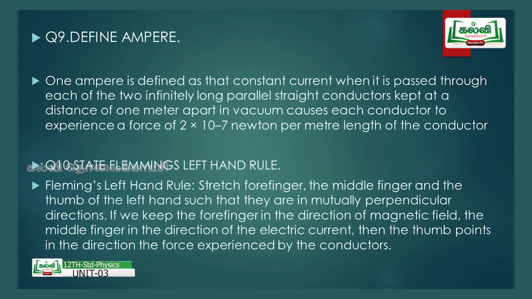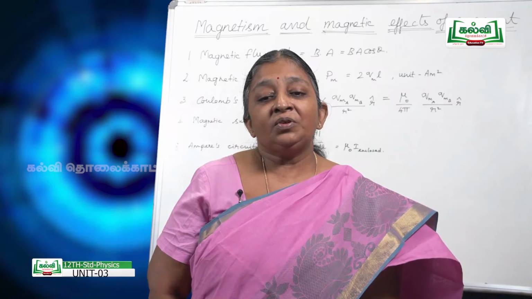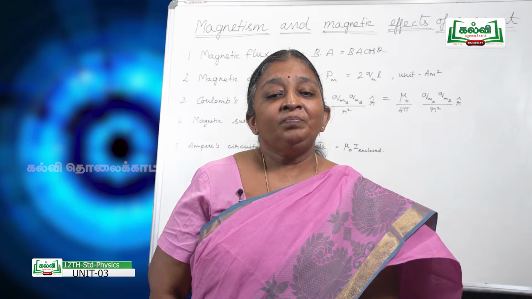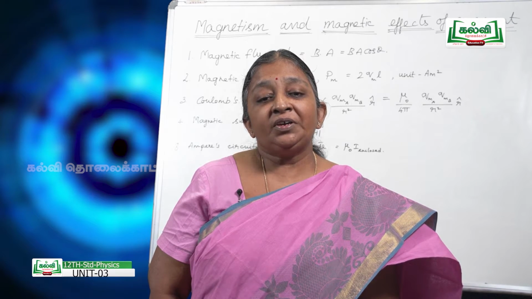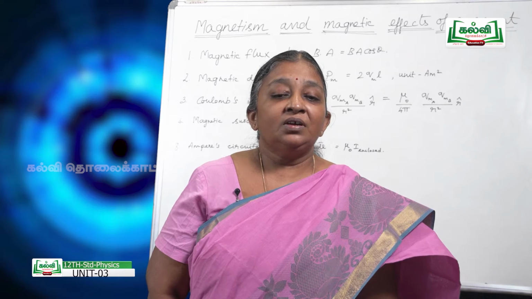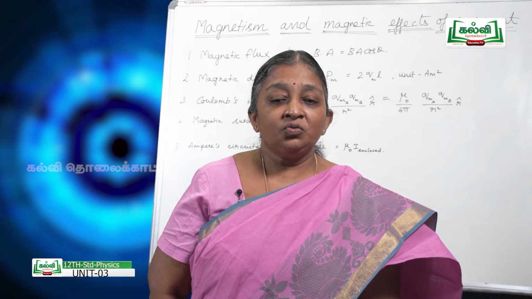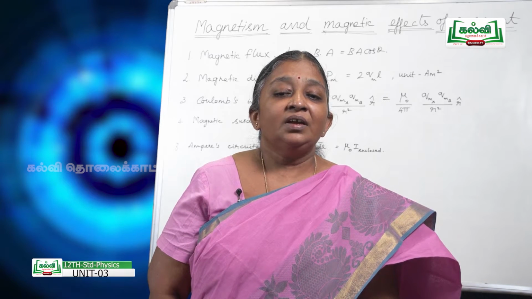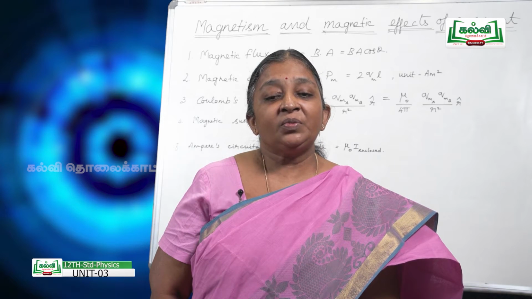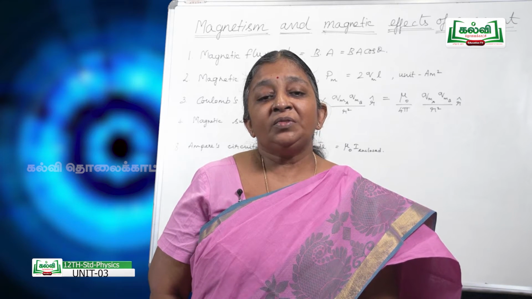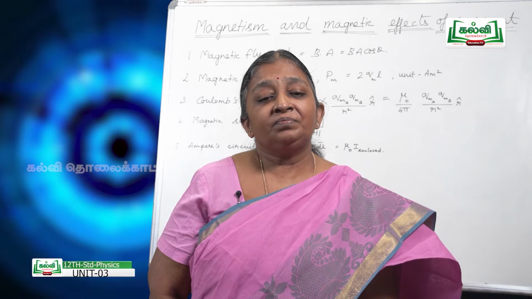All the words are important, and the value of force, that is the force experienced by each conductor, 2 into 10 power minus 7 Newton per meter, you have to write correctly. Otherwise the marks will be reduced. This is the condition when you have 2 straight conductors separated by 1 meter, and from that you write this definition.